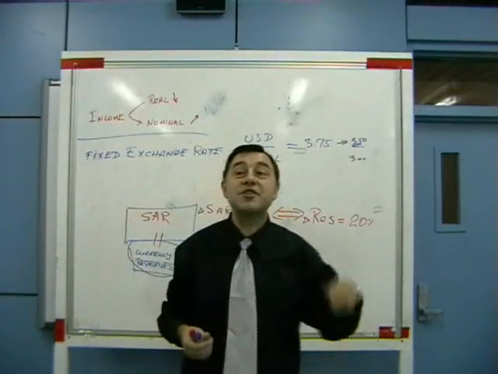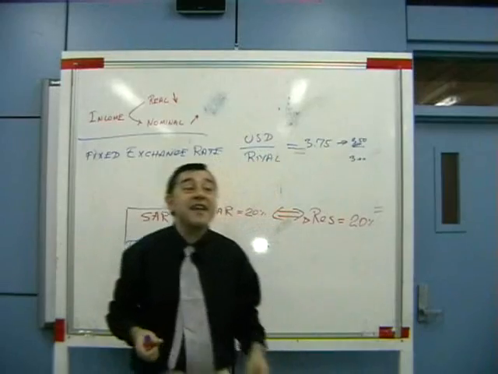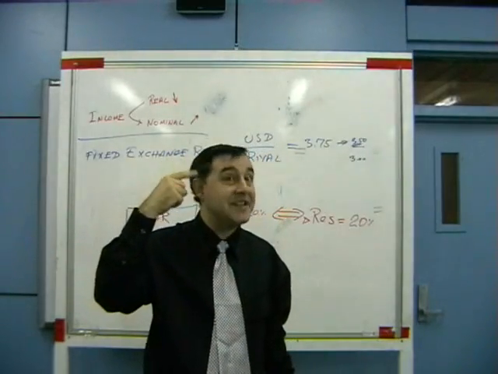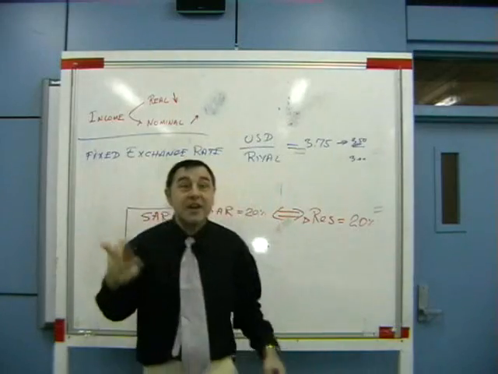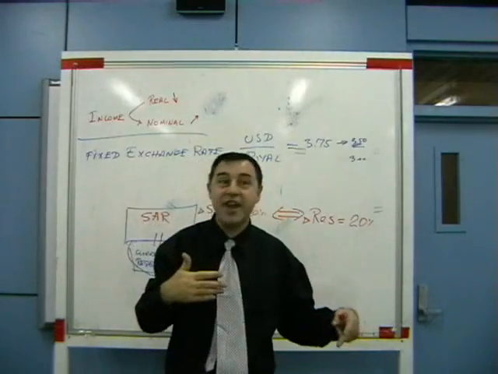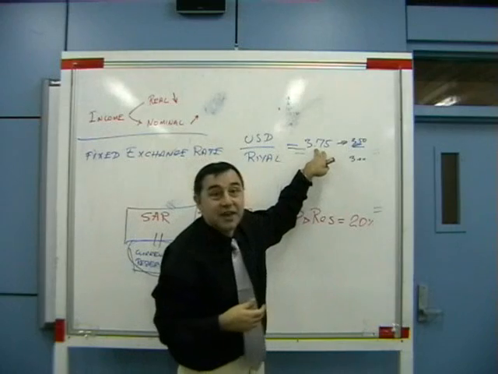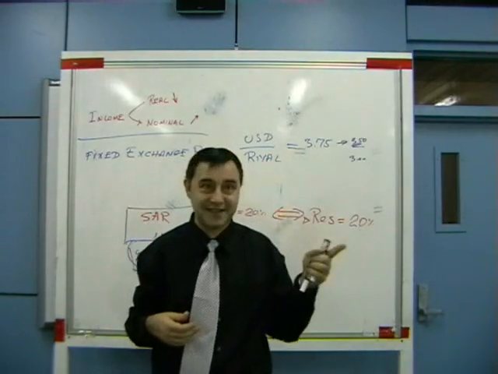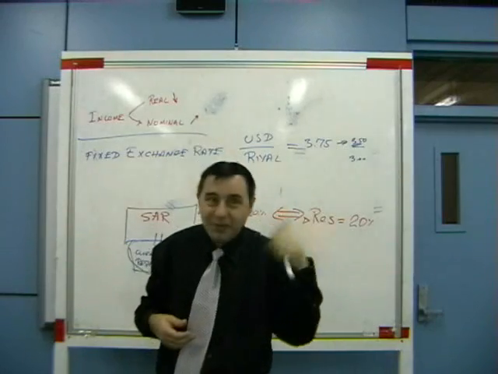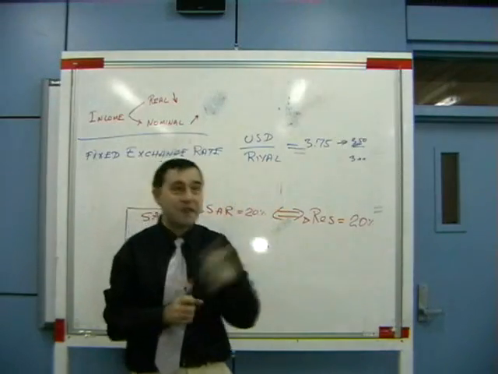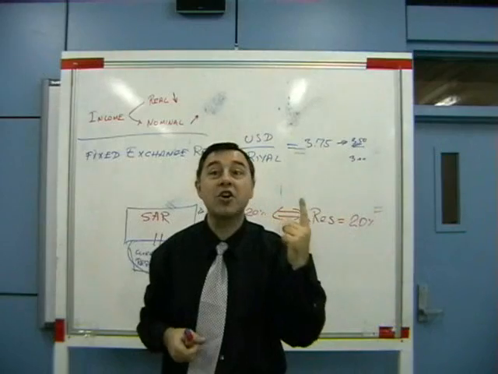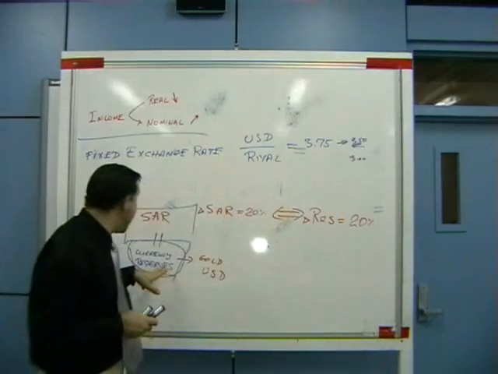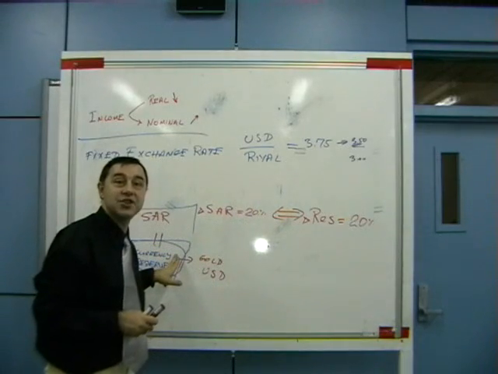Yes, this is absolutely true, and this is where sometimes incompetency enters the scene, because they think that if they exchange, let's say, instead of 3.71, if they exchange at 3, they're going to be getting less. But the Riyal is stronger, and number two, by exchanging less, they will be accumulating fewer dollars.